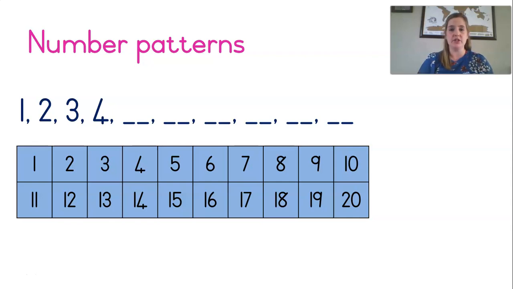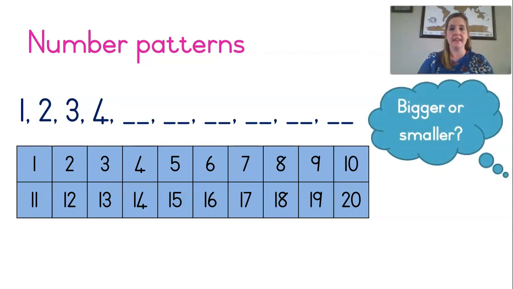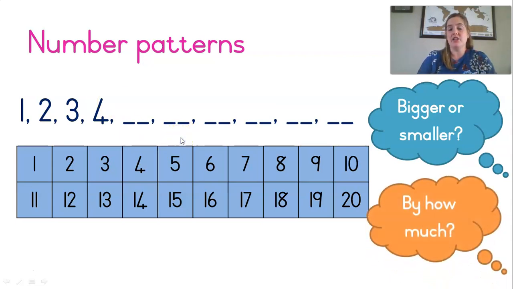So the first question you ask yourself is, is the number getting bigger or smaller? So let's have a look here. Is it getting bigger or smaller? 1, 2, 3, 4. It's getting bigger. Okay, the next question we ask ourselves is, by how much? So let's look at our 100 block over here, which is only up to 20 on our screen.